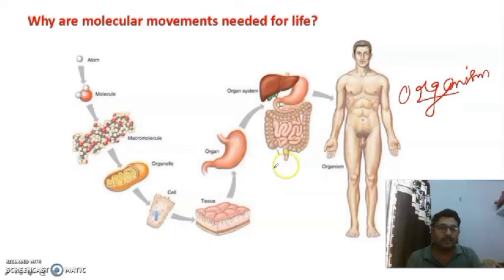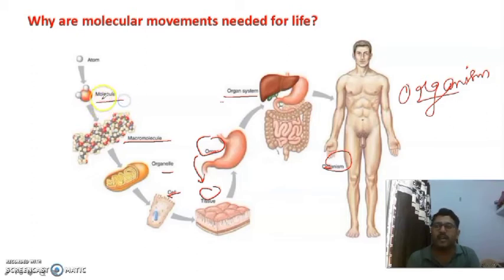That means this organism is made up of organ system, and this organ system is made up of organs, and these organs comprise of tissue. Then all tissues are made up of cells, and this cell contains the organelles, and these organelles are made up of macromolecules, and these macromolecules are made up of smaller molecules, and these molecules are made up of atoms.